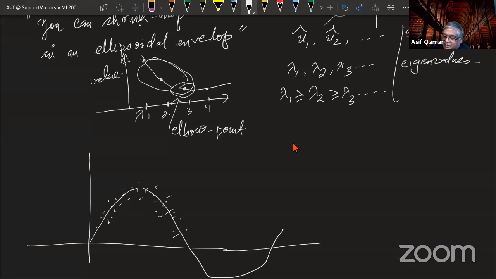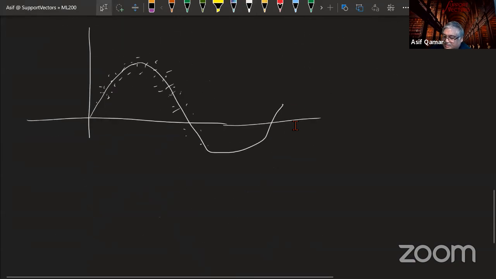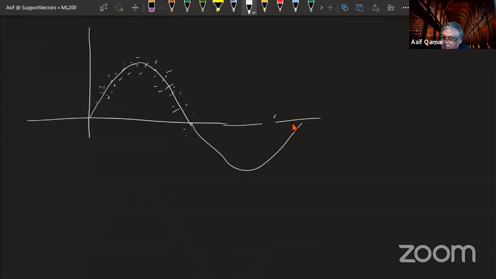Obviously I did not make it symmetric, so let me make it a little bit more symmetric. Not that it has to be symmetric, but okay. Data set 2 looks like this. You remember this was your data set 2? From your ML100, so in the previous introductory class.